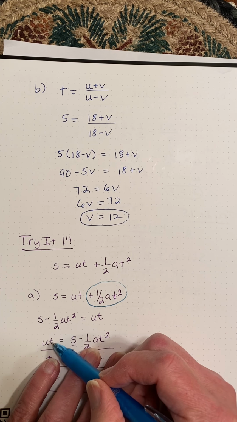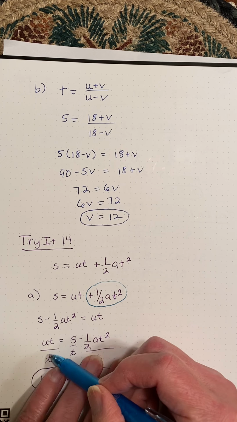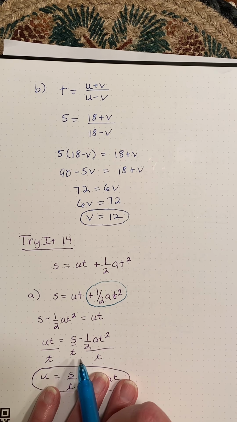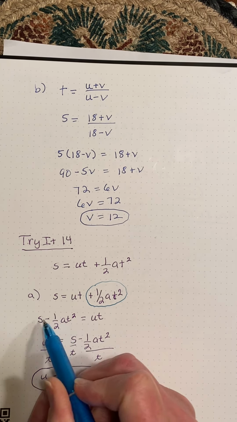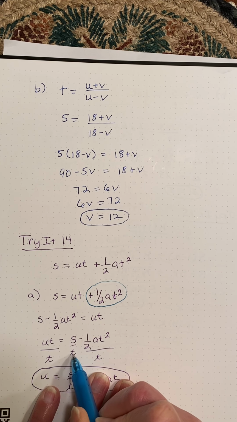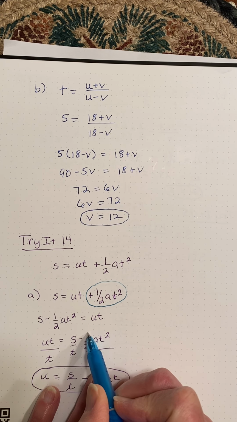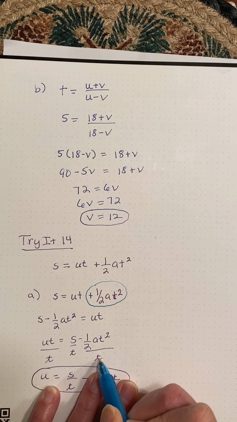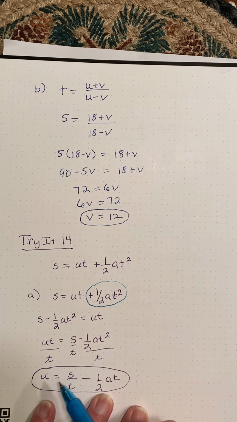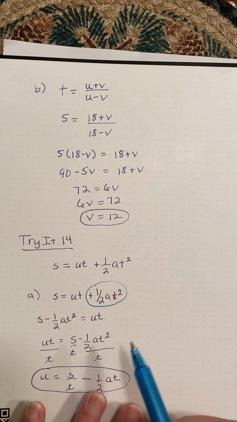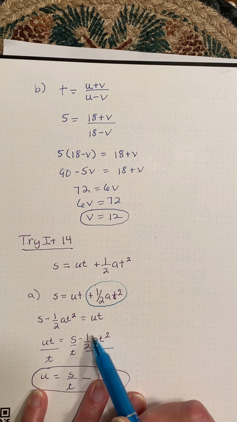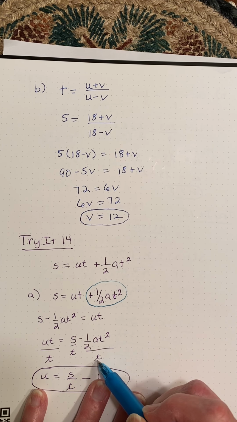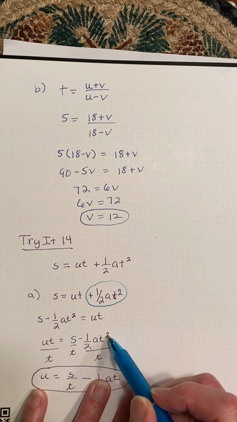You see where I'm going? I'm going to get u by itself by dividing through by t, but this is going to look kind of wonky. So I have the s part divided by t minus this whole part divided by t, and I'm going to end up with u equaling s divided by t minus... I'm going to end up in this situation where I can actually eliminate that denominator t because of this t squared.